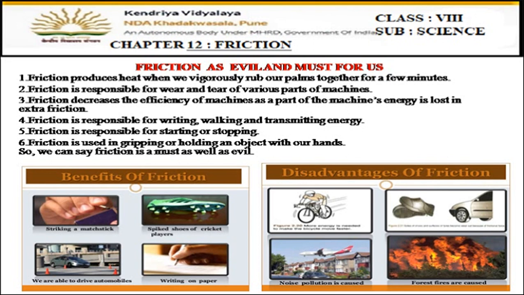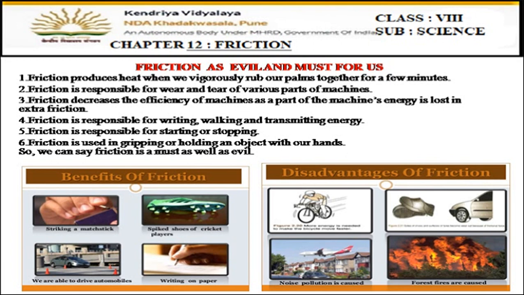Then friction is responsible for starting or stopping. If we want to start from a rest position, that is also possible because of friction. If someone is moving and wants to stop, then also friction plays a very important role. So walking, stopping, starting, any movement, all depends on friction.